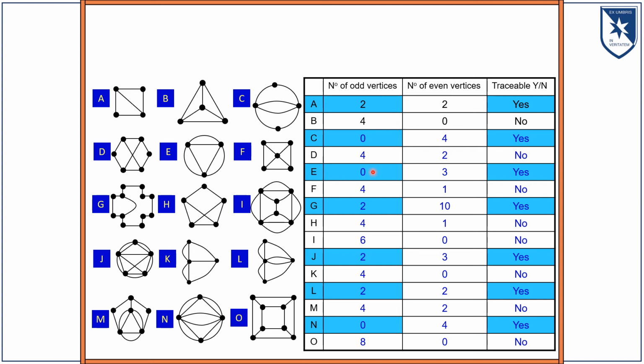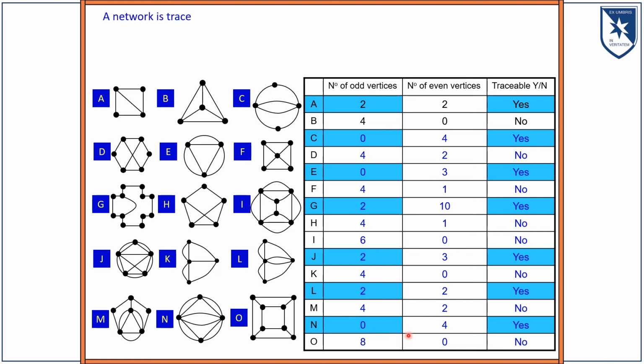Shape E has 0 odd vertices, it's also traceable. Shape G has 2, shape J 2, shape L 2, and shape N 0. All of the other shapes with different amounts of odd vertices are not traceable. So there's definitely a pattern here. Hopefully you can spot what it is.